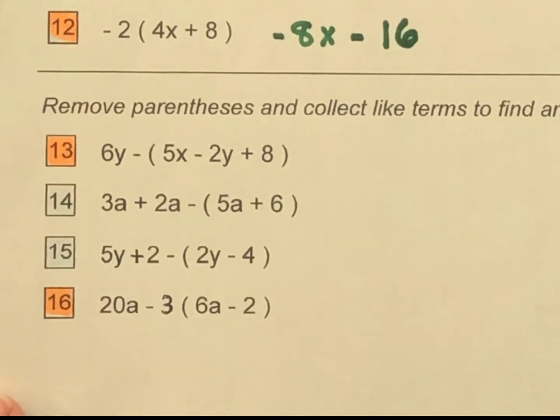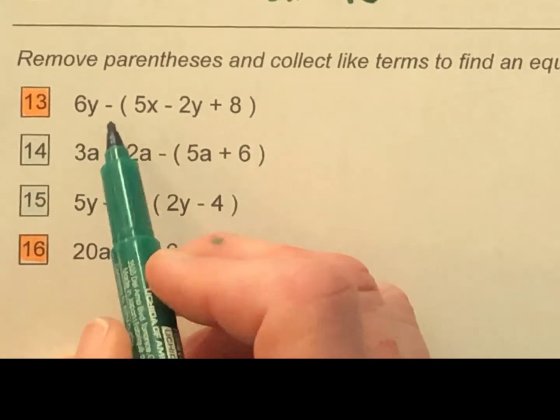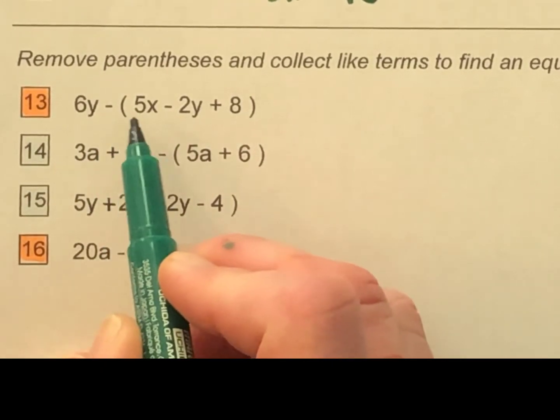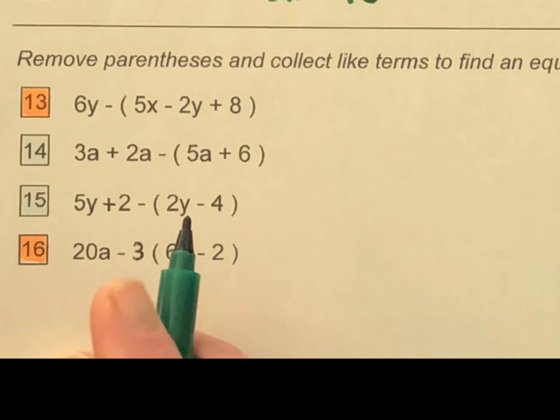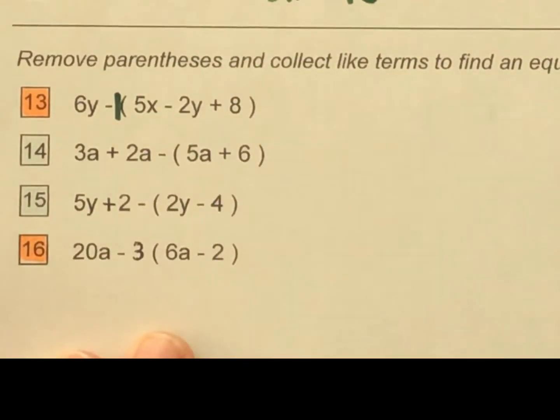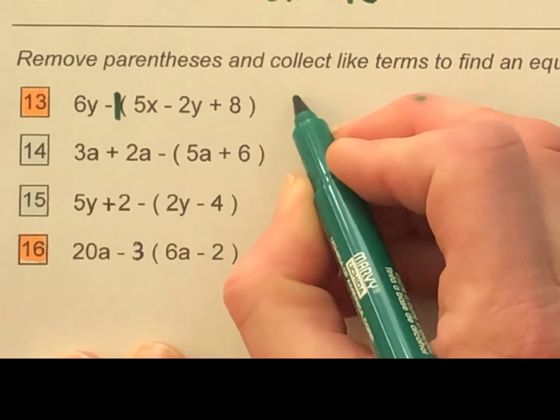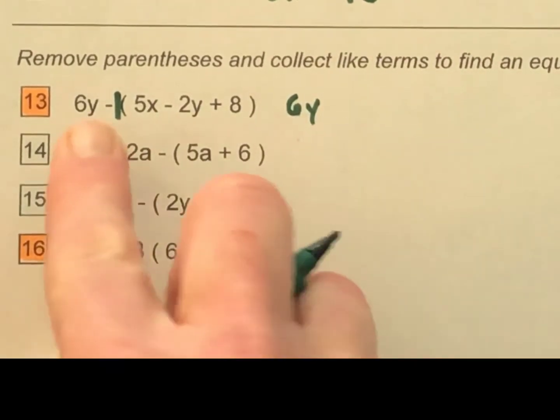Let's go down to number 13. This is similar, but it has more terms outside of the parentheses. So number 13, I have a negative, and then I've got my parentheses. So that is my clue that I need to distribute the -1. So I'm going to write 6y, because that comes first.